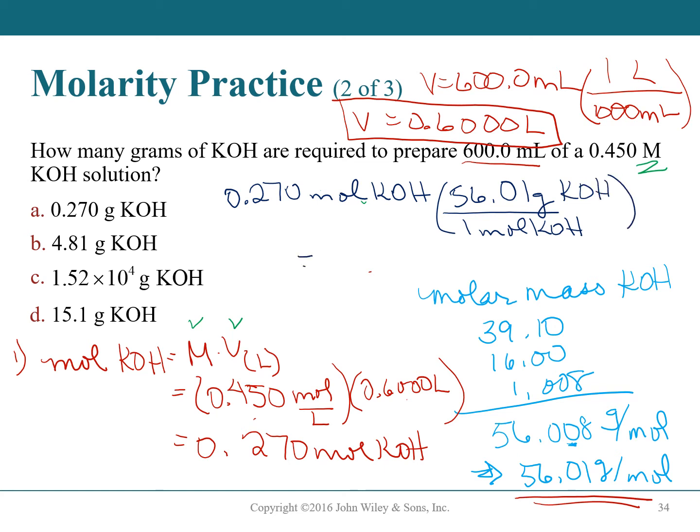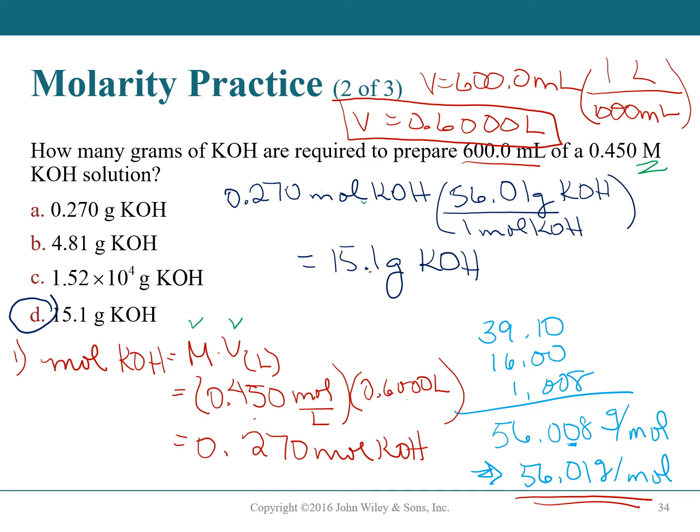And so what we end up with is the following. We get 0.270 times 56.01. I got something like 15.1 grams KOH.